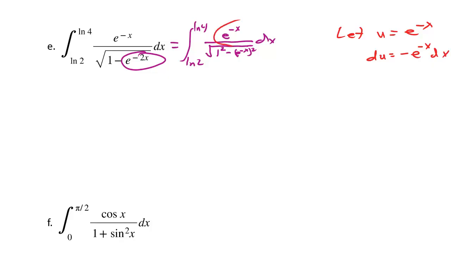Okay, so we see that e to the negative x on the top, and we don't have the negative, so move the negative to the other side. All right, so now we'll be able to write it in recognizable form here.